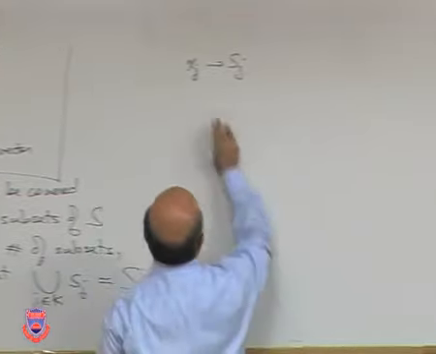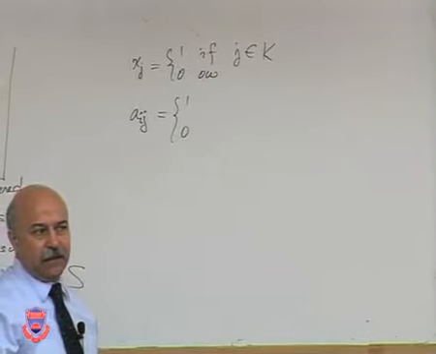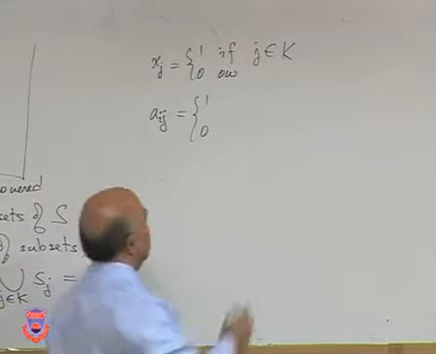So all you have to do in that case is additionally define aij. What is aij in that case? Aij will be 1 or 0. When will it be 1? If subset j covers element i.